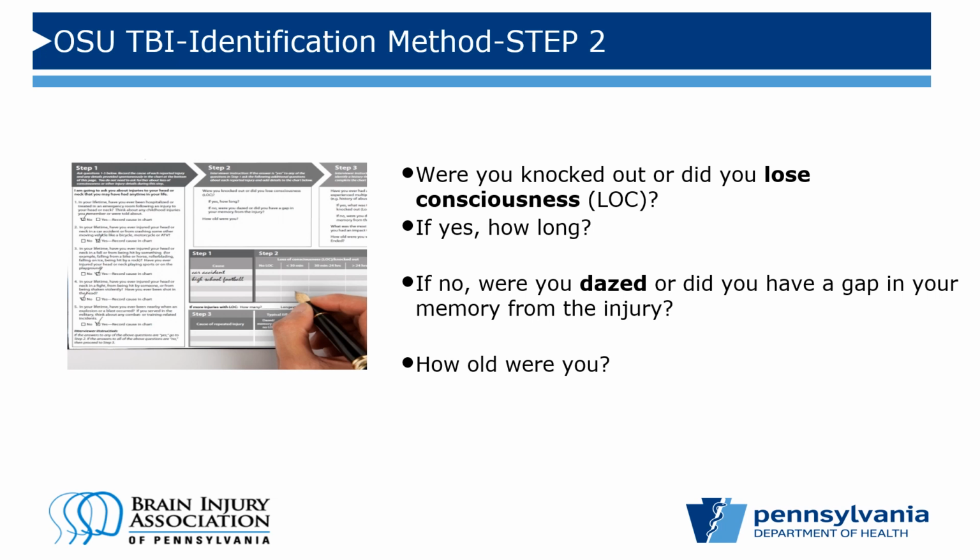Was it between 30 minutes and 24 hours, or was it greater than 24 hours? If they didn't lose consciousness, were they dazed, or did they have a gap in their memory around the injury? We're going to record either yes or no for that. And then finally, for each episode, we're going to want to quantify how old they were when that event happened.